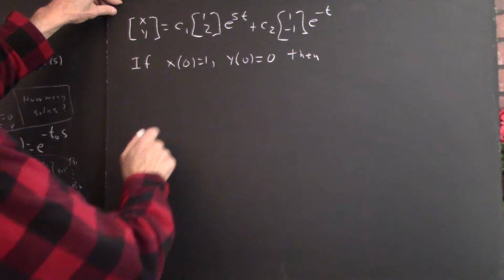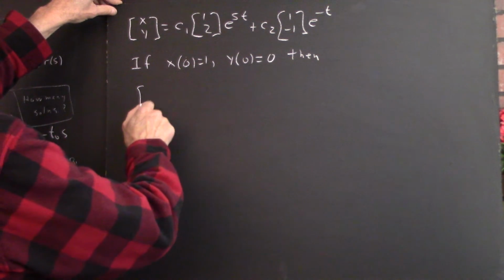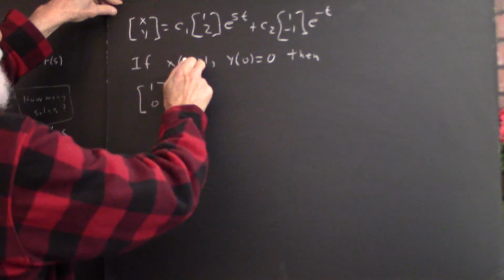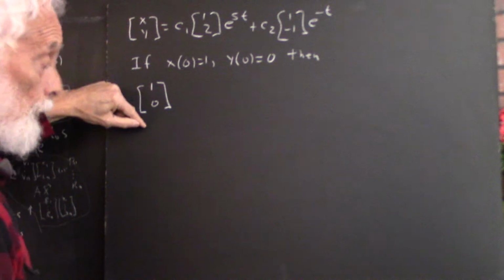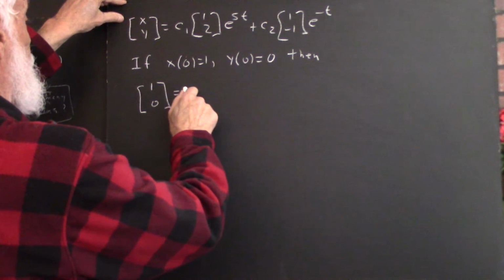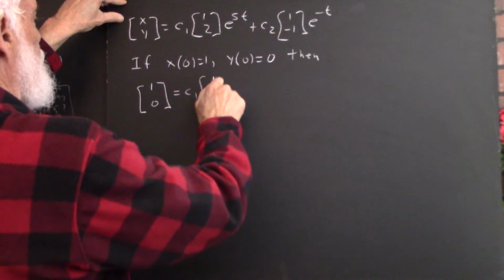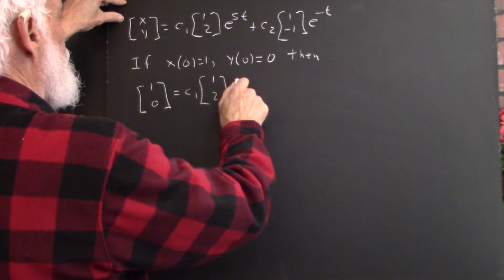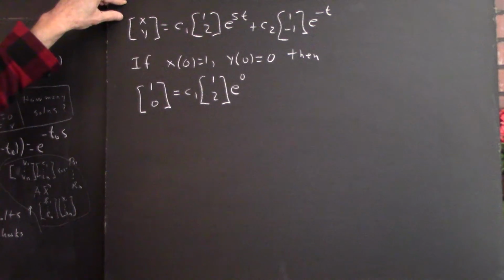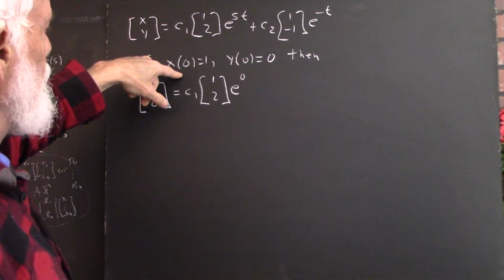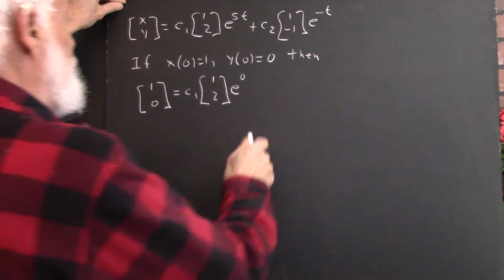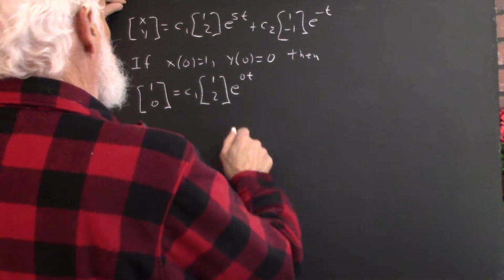Then x equal to 1, y equals 0 gives us a column vector. And if t is 0, then e to the 5t is e to the 0, which is just 1.